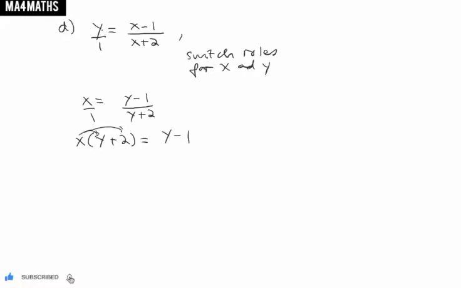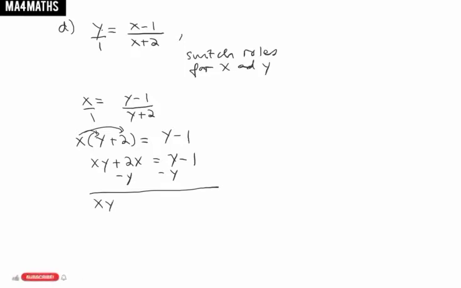Now, if I distribute, this will be xy plus 2x equals y minus 1. I need to move all the y's on one side and the x's on the other side. So suppose I subtract y from both sides. This would be xy minus y plus 2x equals -1. I'm going to line them up a little bit better. Where the equal sign is, these y and -y cancel out.